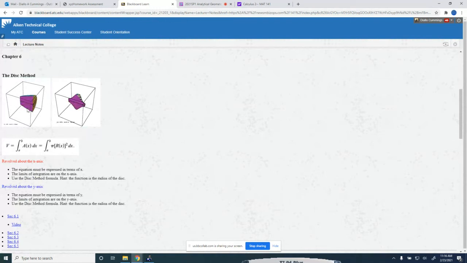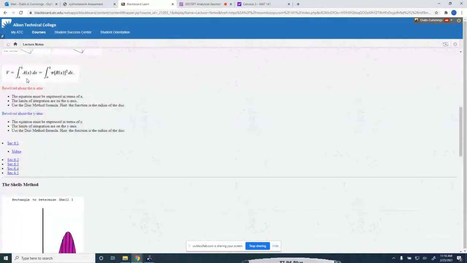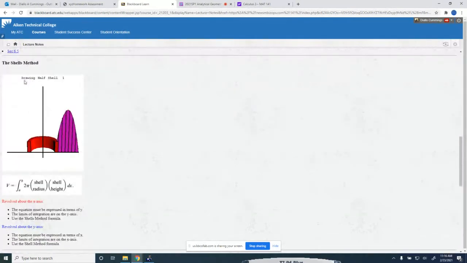When you rotate it about the x-axis, it forms what's called a solid of revolution. Notice that both of these curves are being rotated about the x-axis, and they form what are called solids of revolution. When you're dealing with a solid of revolution, there's two ways you can find the volume. You can either use the DISC method, or you can use the shell method.